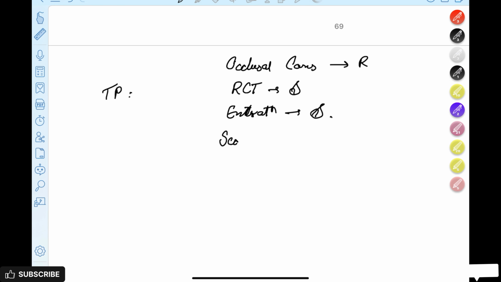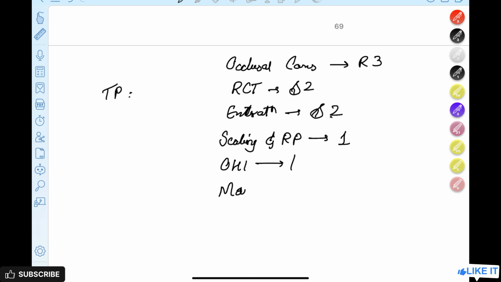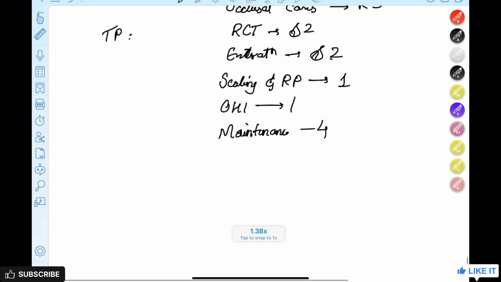Scaling and root planing comes in phase 1. Restorative is phase 3. Surgical is phase 2. Oral hygiene instruction is phase 1. Maintenance is phase 4.